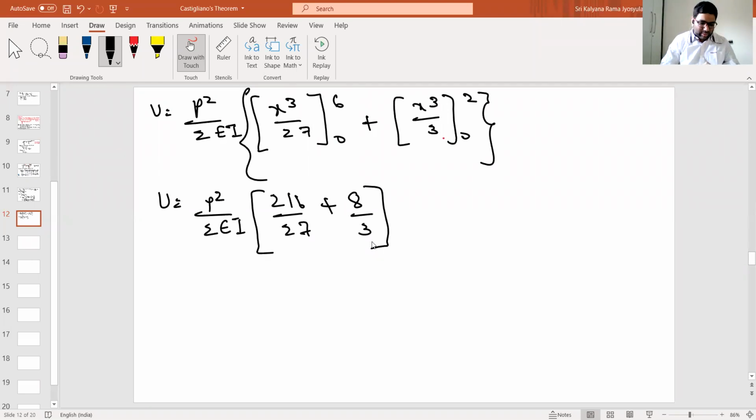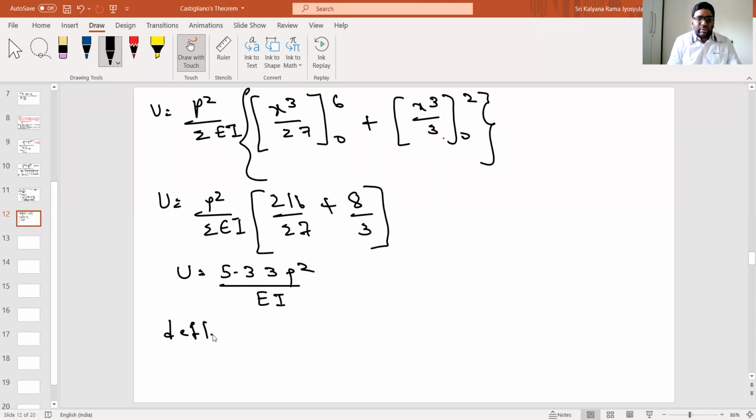So 216 by 27 plus 8 by 3 is 10.66, divided by 2, so 5.33. How much we got? 5.33 P square by EI. So U is equal to 5.33 P square by EI.